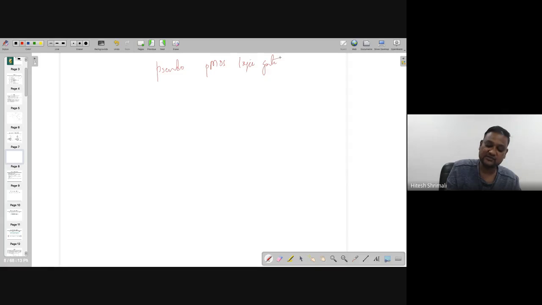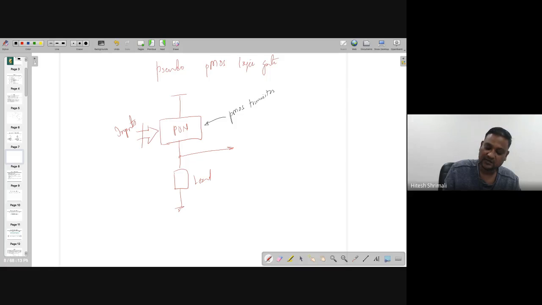In that case, this will be reversed. The power up network will be here with some load, and you will have the output, and here you will have some inputs. So this power up network is going to be implemented with PMOS transistors, and this is the output.